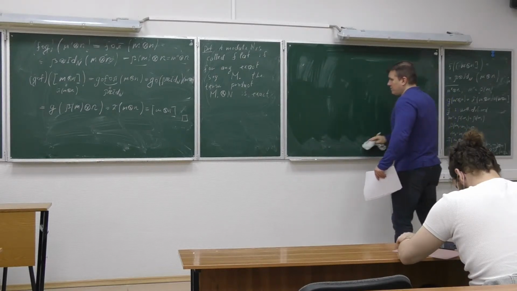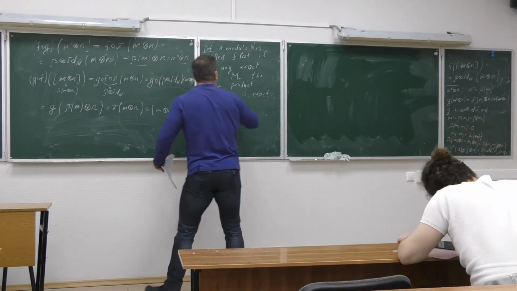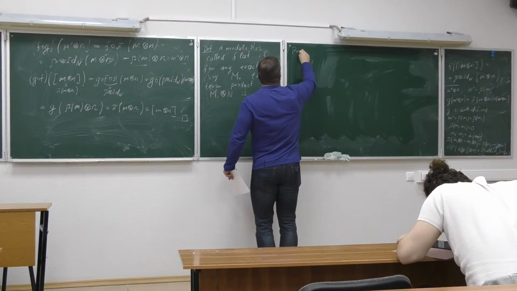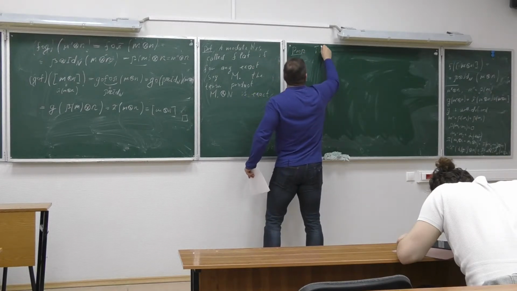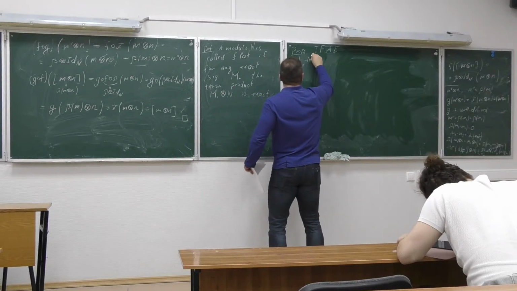So this is part of the following proposition. Proposition: the following are equivalent. First property, N is flat.